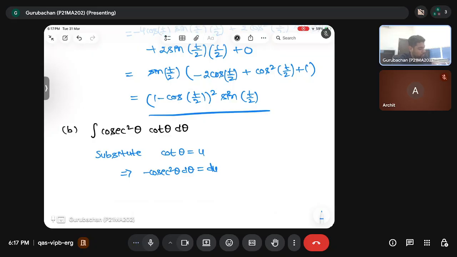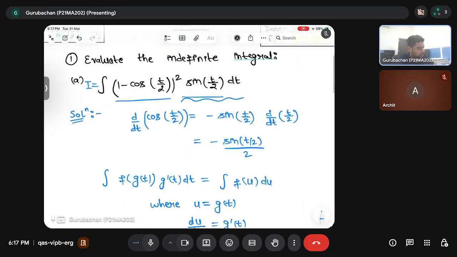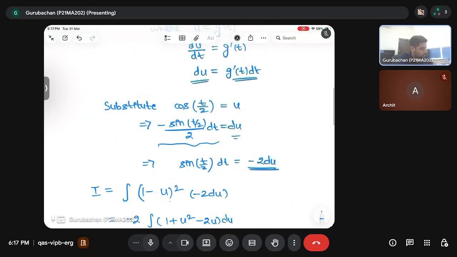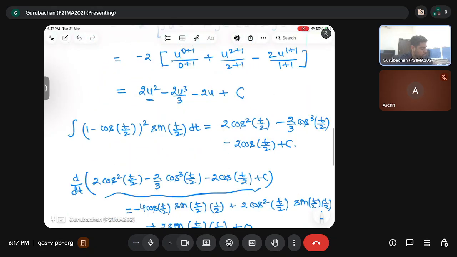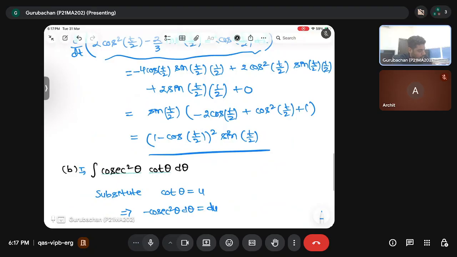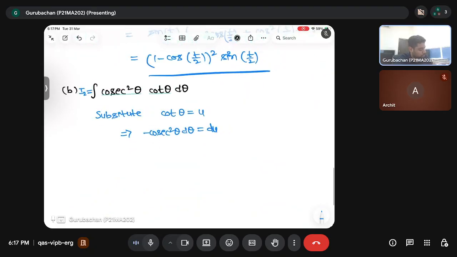So suppose this is your I1, so this will be your I2. So I2 will be transformed to u du, but with a negative sign. Is it clear why the negative sign is there?